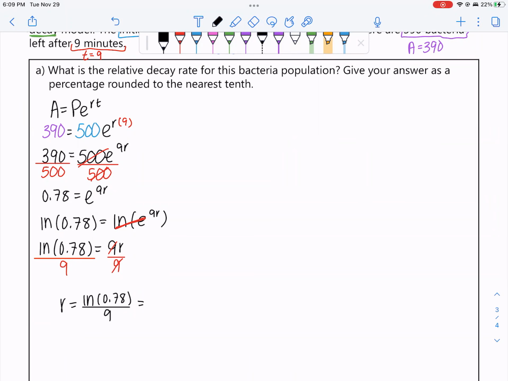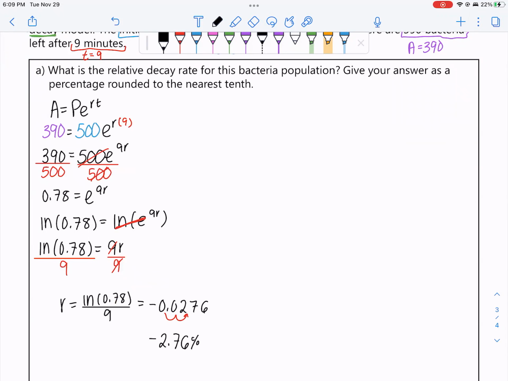We're rounding the percentage, by the way, to the nearest tenth, not the decimal number. I get negative 0.0276. That's enough decimals for me. Moving the decimal place over 2 times, we get negative 2.76%, the relative decay rate.